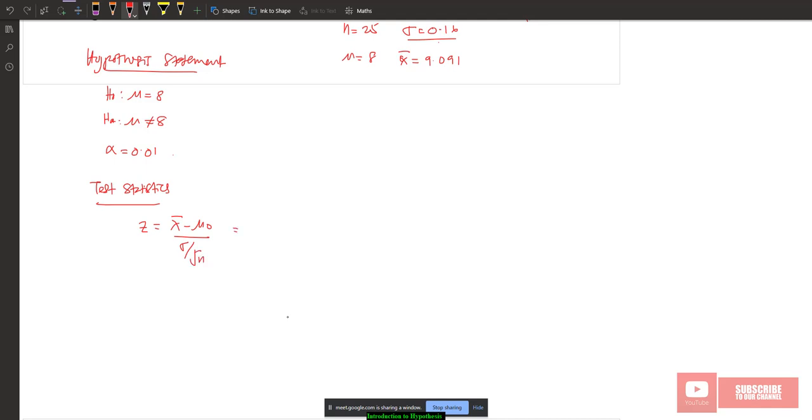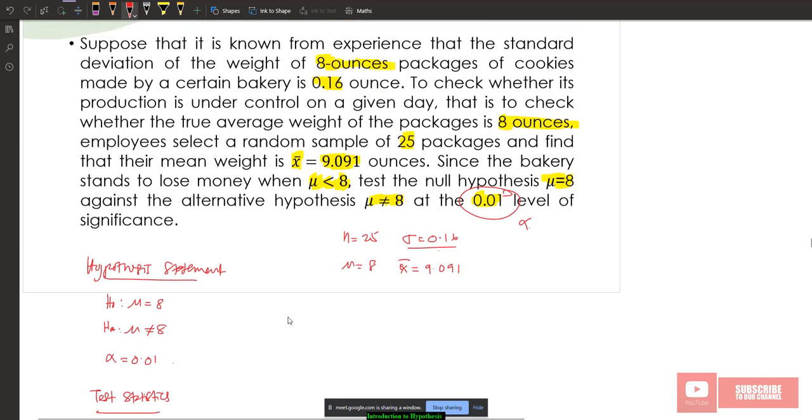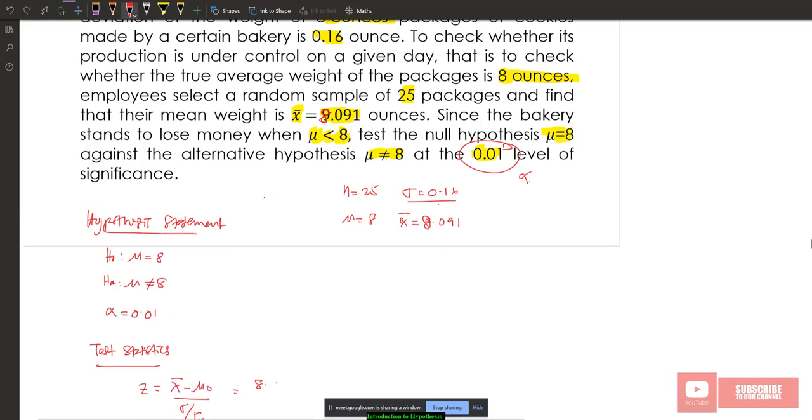So which is equal to, sorry, I wrote this wrongly. This one should be 8.091, then it looks more logical, otherwise it deviates too much.